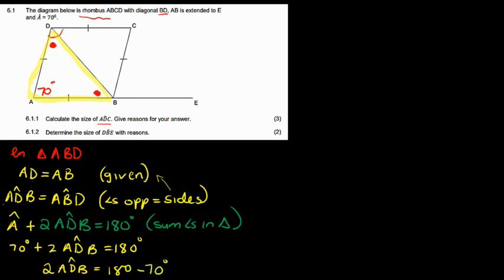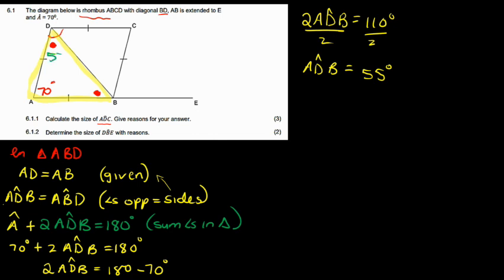So 2 angle ADB is equal to 110 degrees. If we divide by 2 on both sides, we'll have angle ADB is equal to 55 degrees. So that is 55 degrees.